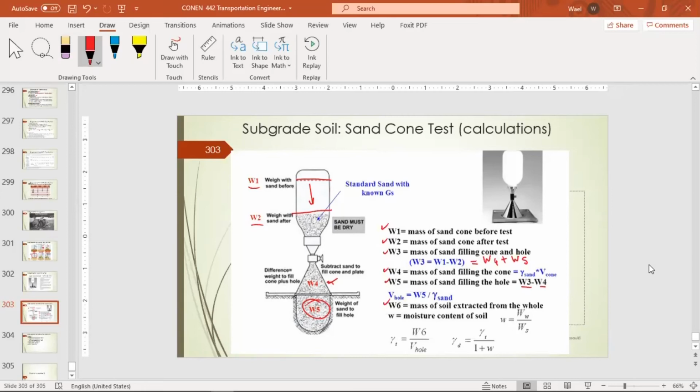Once we get that, we have W6, the mass of soil extracted, the sample. We have the moisture content of the soil, which is the ratio of the wet and the dry weights, and the gamma T will be W6, the weight of the sample, divided by the volume of the hole. The dry density is gamma T over 1 plus w, where w is the moisture content of the sample. Any questions so far?